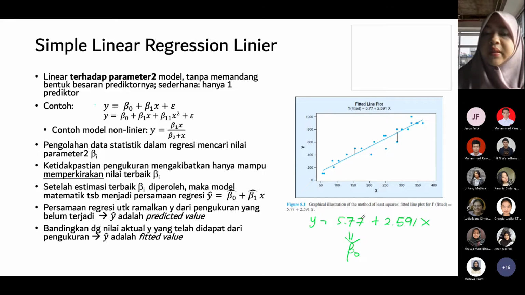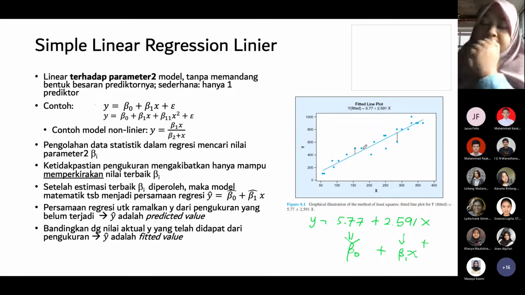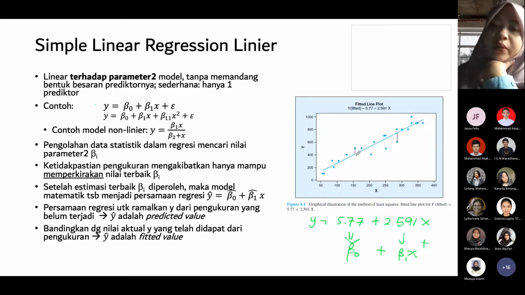So this is the parameter, called beta 0. The second one, the coefficient of the x, is called beta 1. And plus, because we will have some errors between the measured value and the fitted value, this is called the error, or epsilon.